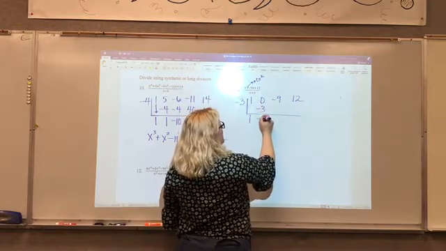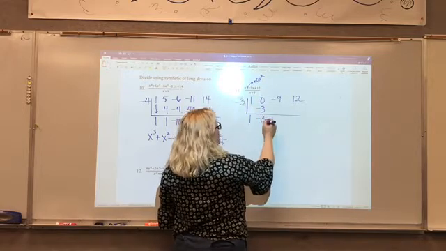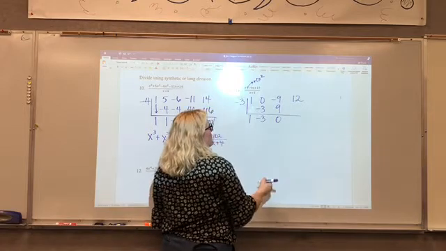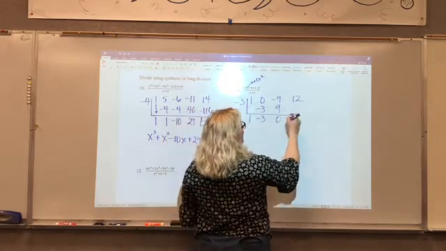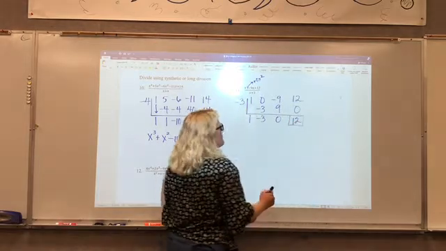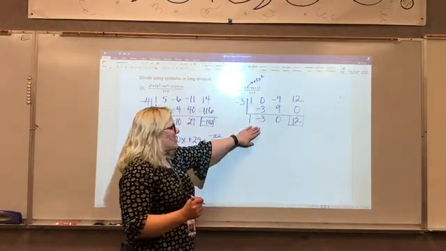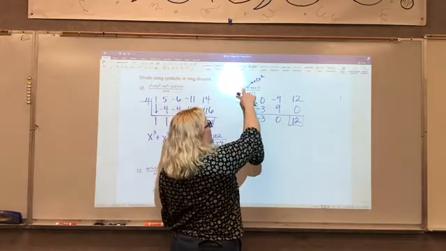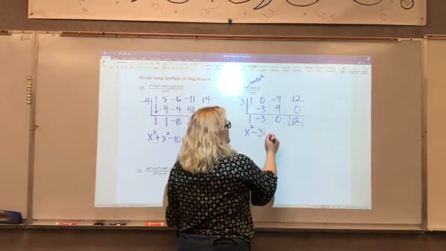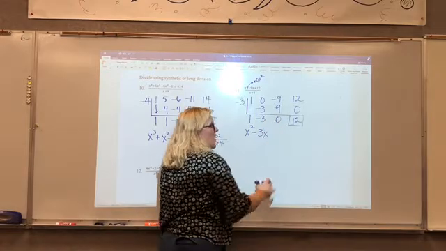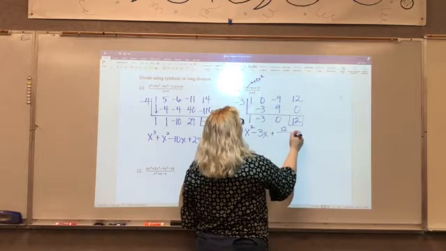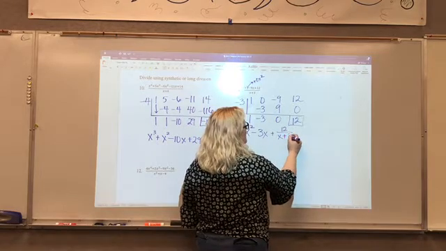Negative 3 plus 0 is negative 3. Negative 3 times negative 3 is 9. This becomes a 0. Negative 3 times 0 is 0. And then I have the remainder of 12. So putting this back in, I started with x cubed, so now I'll have x squared minus 3x. There is no constant, it's just 0, plus 12 over x plus 3.